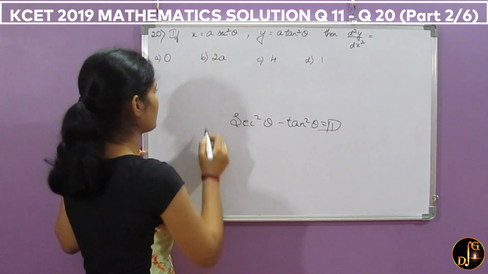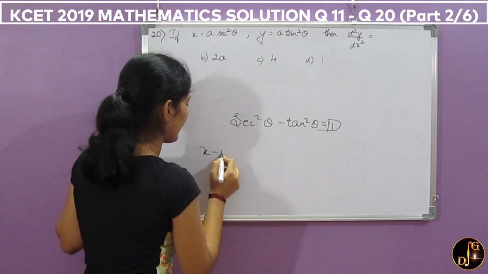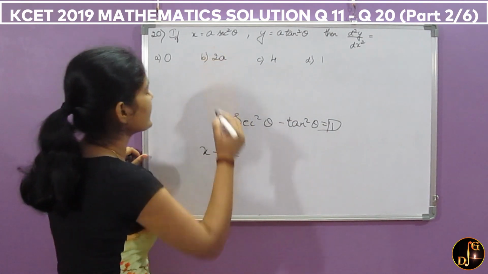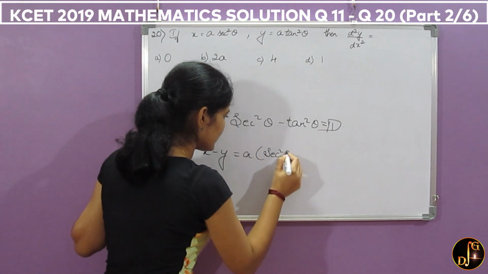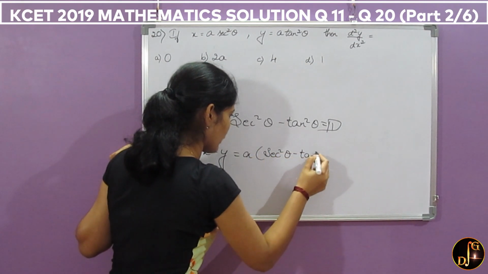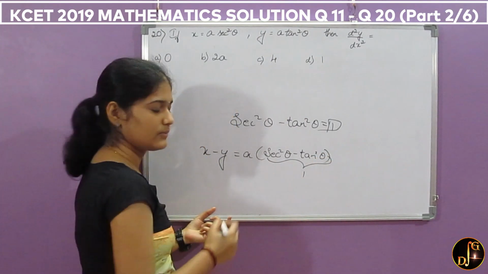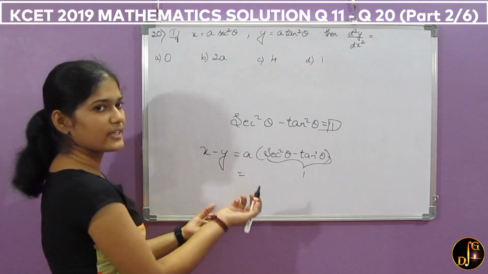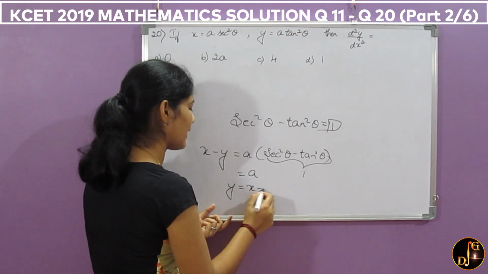Observe here. If we subtract y from x, that is if we do x minus y, then it will be a into (secant square theta minus tan square theta). We know that this is equal to 1. So directly we got x minus y is equal to a. That means y will be x minus a.